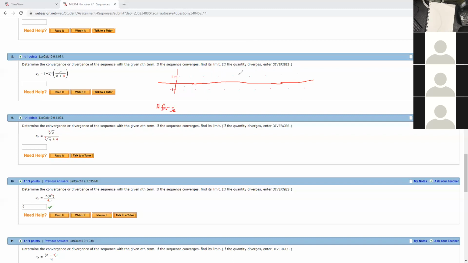So in that case, they would be diverging, because of the alternating type. It would be a diverging determinant value.